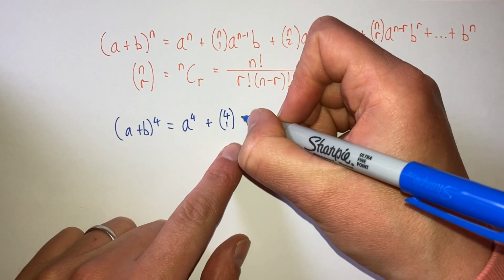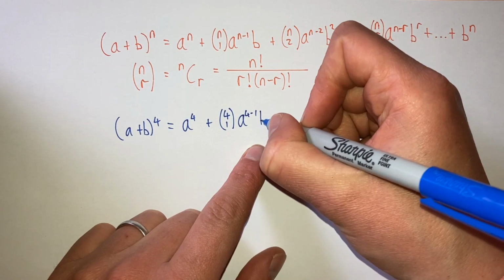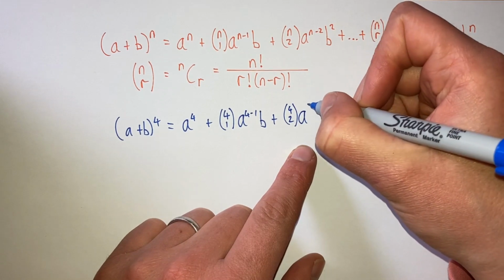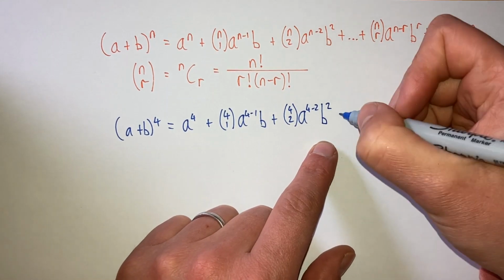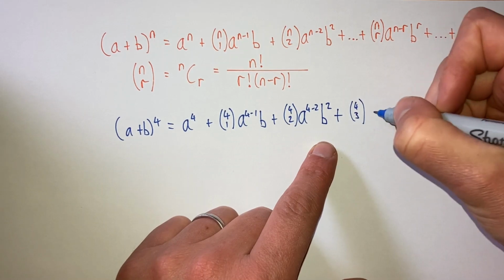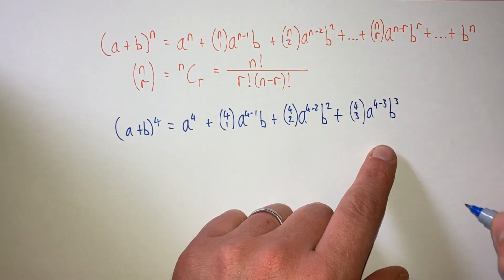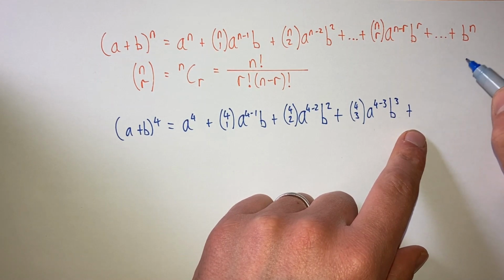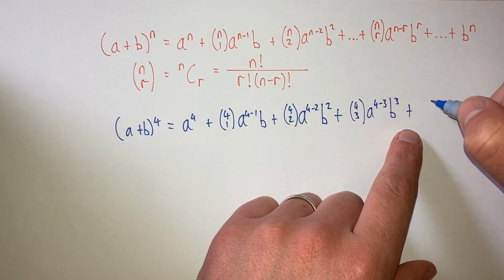1. And here we've got a, n is 4, 4 minus 1, and then b, plus 4, 2, a to the 4 minus 2, then we've got b squared, plus, and we keep going, this one will be 4, 3, a to the 4 minus 3, b to the 3, plus, and this last term will just be b to the n, because we'll have a to the 4 minus 4, which is a to the 0, which is 1.